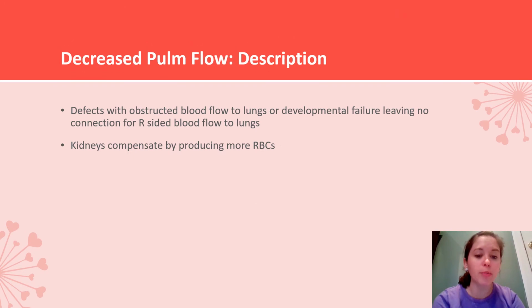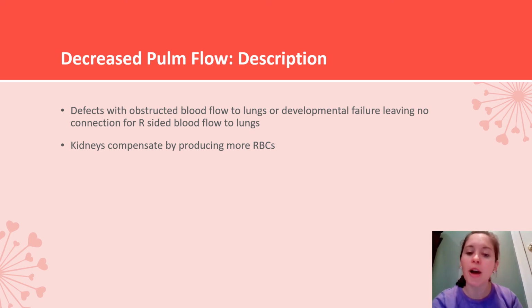With decreased pulmonary blood flow defects, these defects obstruct the flow of blood to the lungs for different reasons. And because there is an abnormal flow of blood to the lungs, there's poor perfusion to the lungs, this leaves the kidneys trying to compensate, because the kidneys are like, oh, you're not getting enough oxygen, so let me make some more red blood cells so that we can get more oxygen to your lungs.